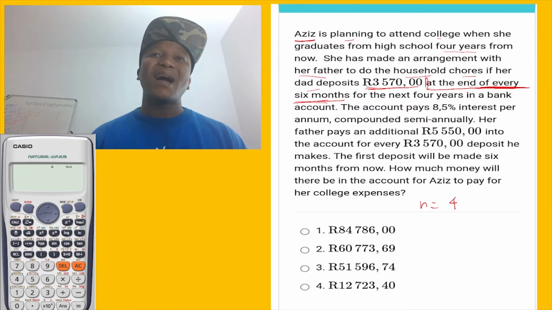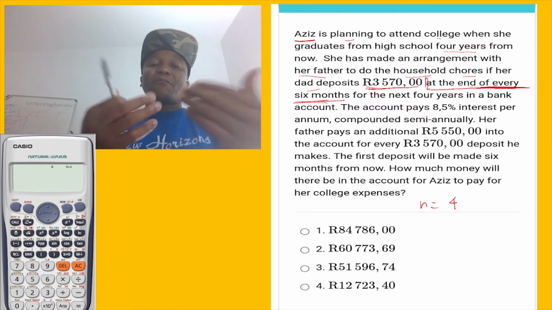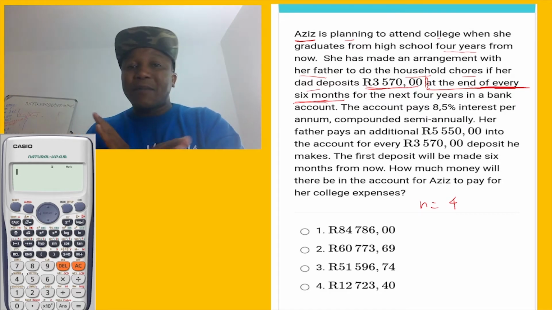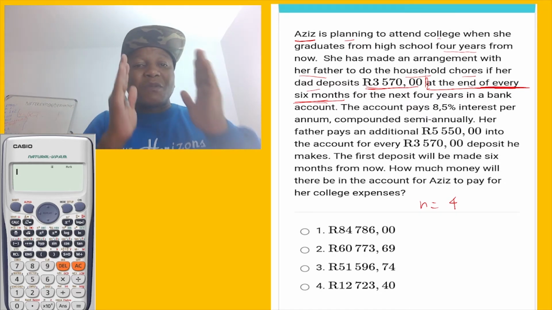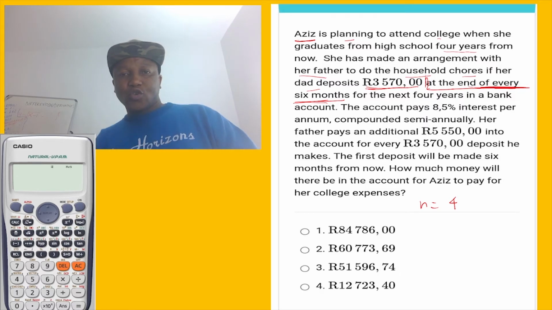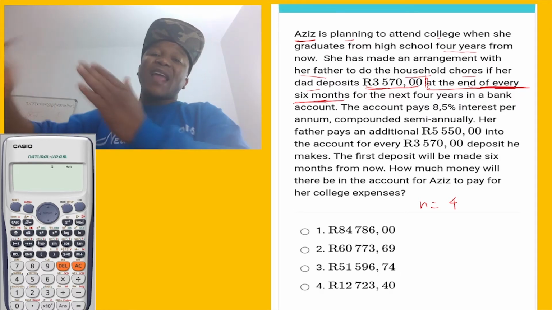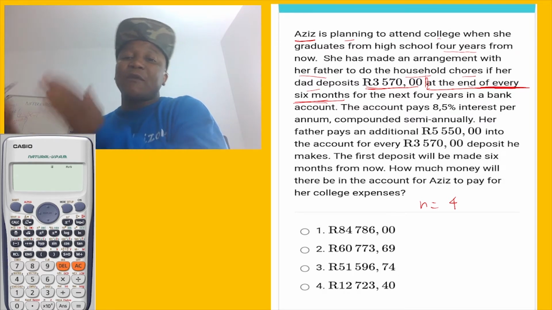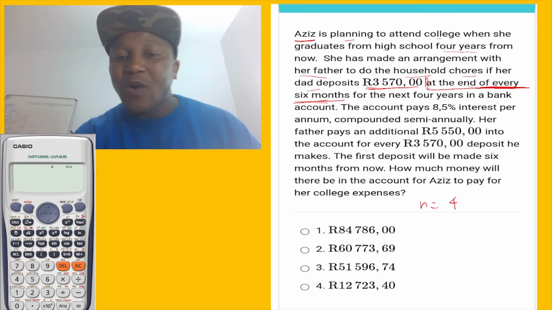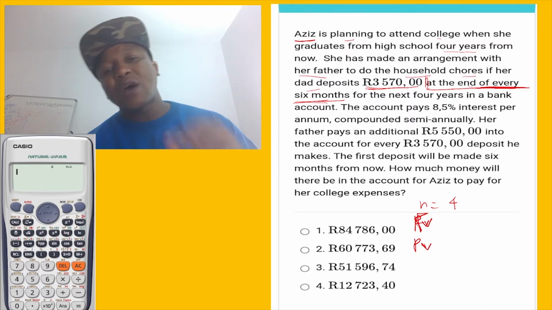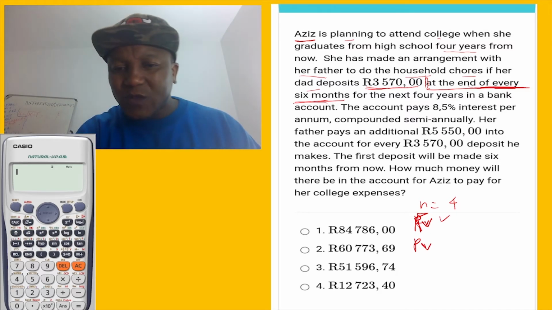Or you have money and you withdraw it every month, every week or every year. As long as they mention the word every, and the time must be fixed, not 2 months and then 1 month, then you have to know whether you're going to use the future value formula or the present value formula, FV or PV. So let's see which one we're going to use.